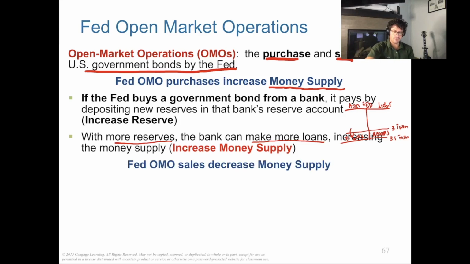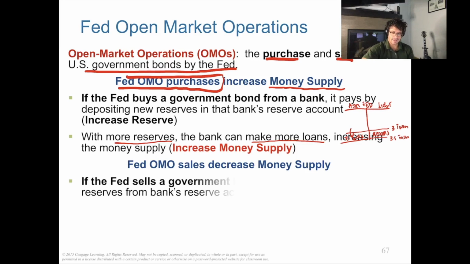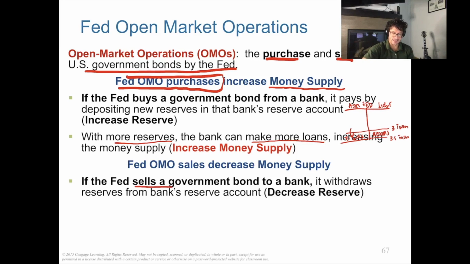On the opposite, if the Federal Reserve wants to reduce the amount of money in the system, it can sell government bonds to banks, and the banks can pay using their reserve accounts. So the reserves of the banks go down.